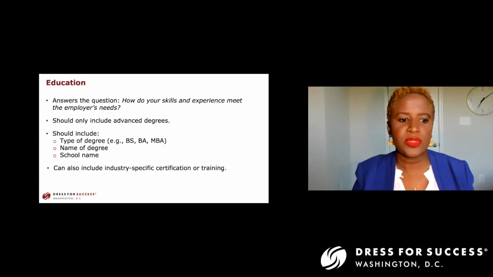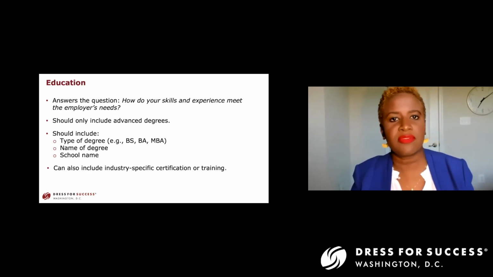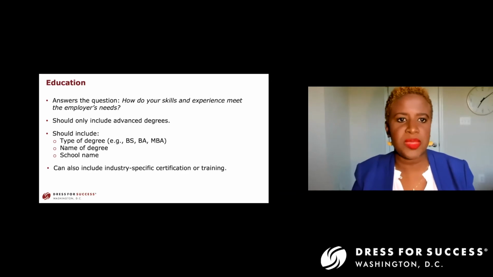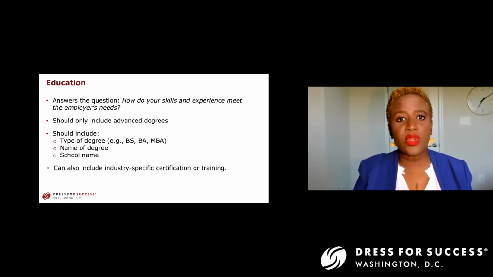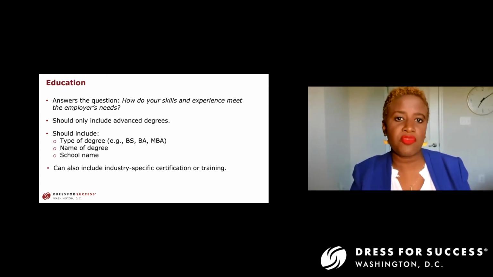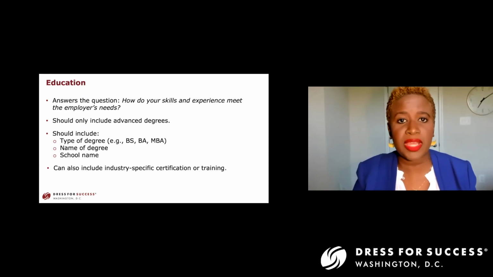It should include the type of degree, whether it was a Bachelor of Arts, a Bachelor of Science, an MBA, a Master of Science, the name of the degree, and the name of the school. It's not always necessary to include the year that you received the degree. A lot of recruiters don't actually care. They just want to know that you have it. And then you can also include industry-specific certification or training that would be relevant to the particular job that you're applying for.